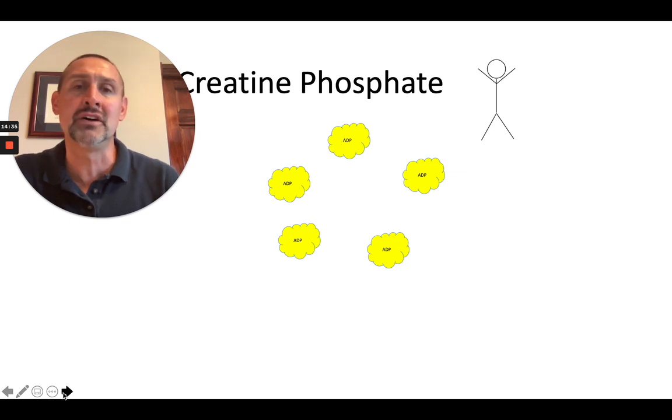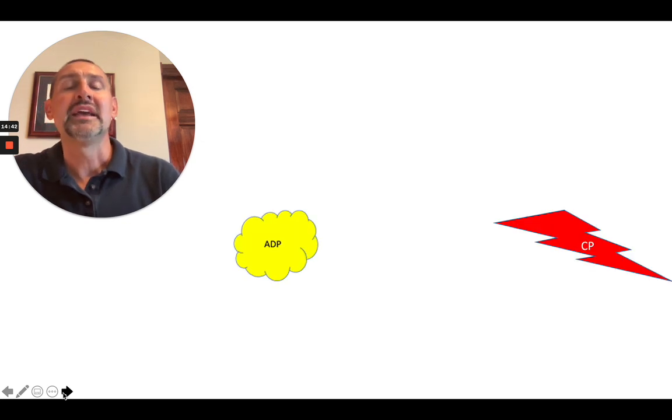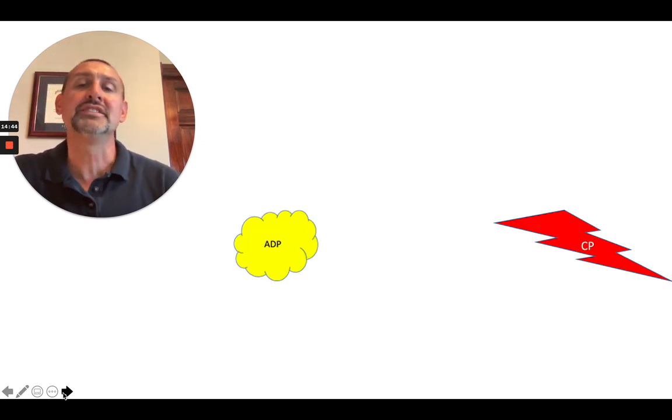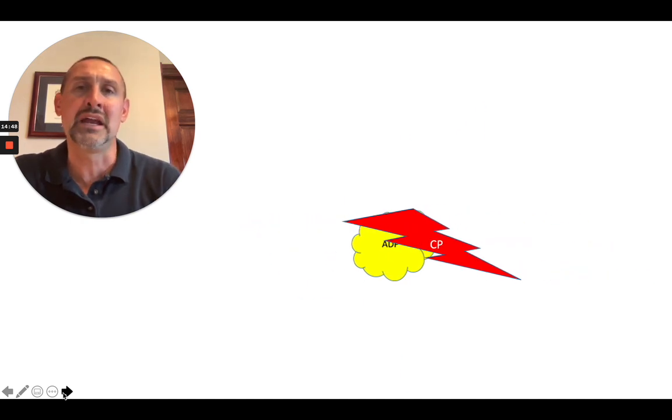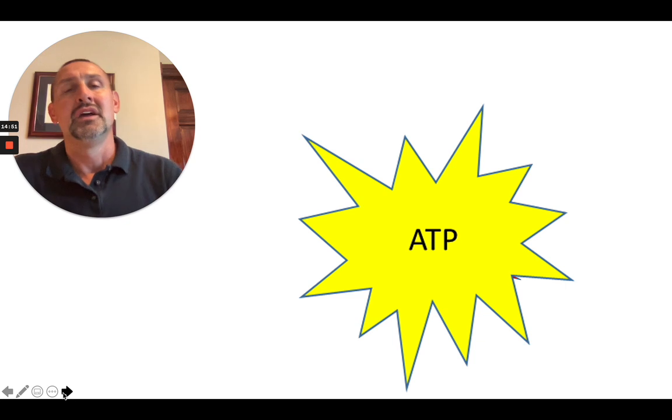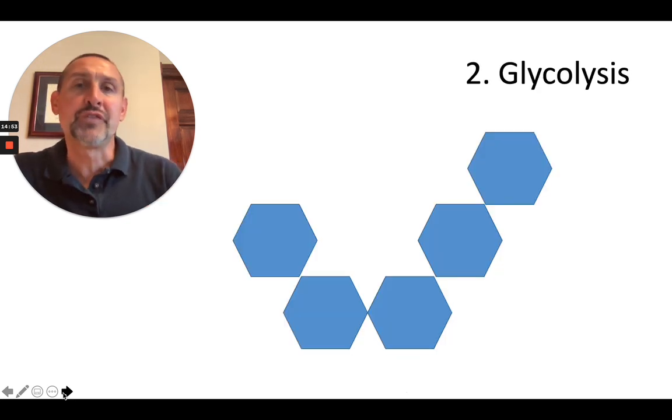When your energy is gone or your money is gone, well, then there's not much left for you to do. Creatine phosphate can add a phosphate to the ADP in order to recharge it. Think of it kind of like a rechargeable battery. Creatine phosphate is the first thing your body uses to recharge ATP.